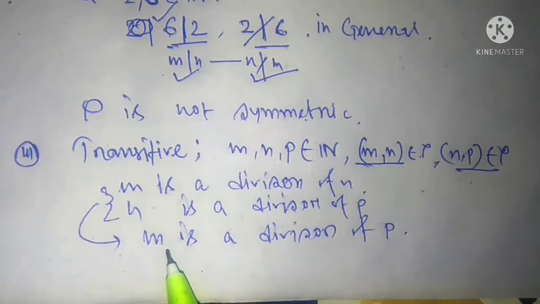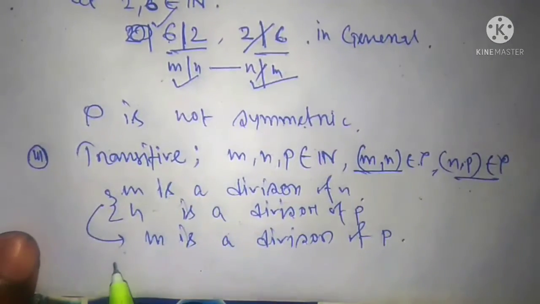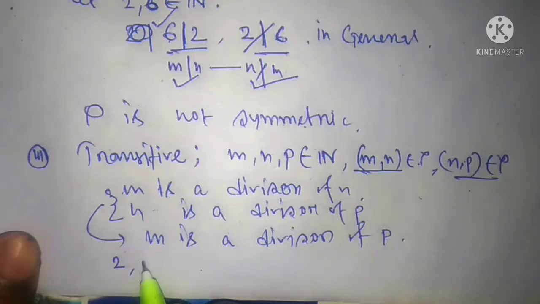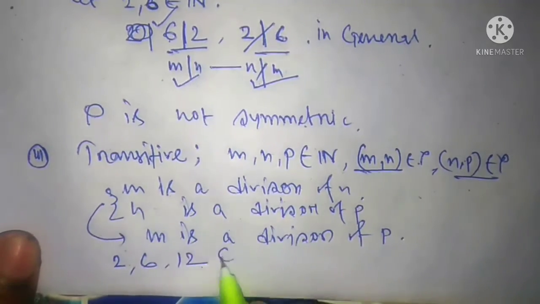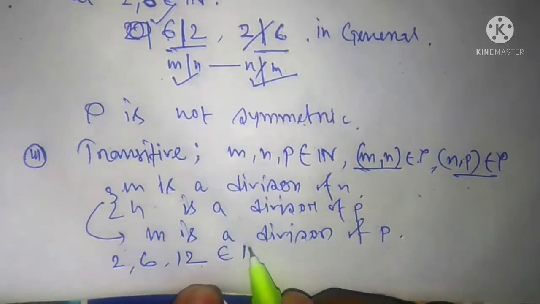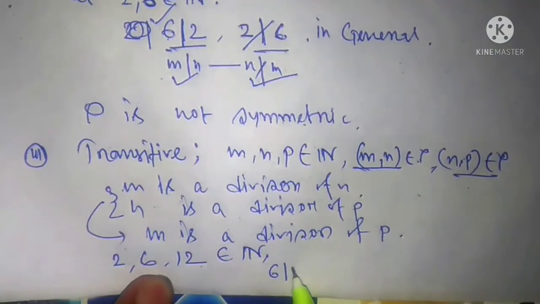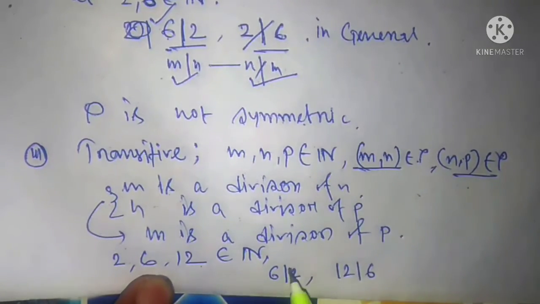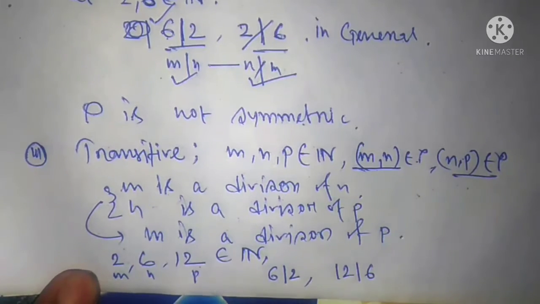Of course, let in general 2, 6, 12 belong to the natural numbers. So 2 divides 6, 6 divides 12. This is m, n, p.